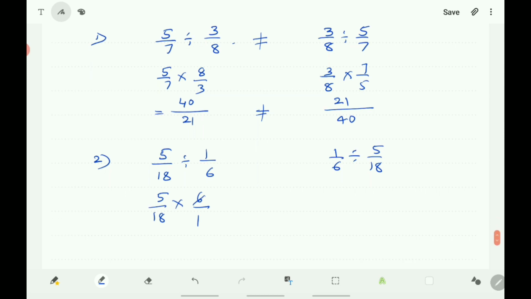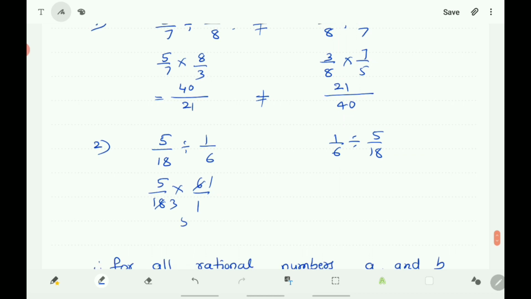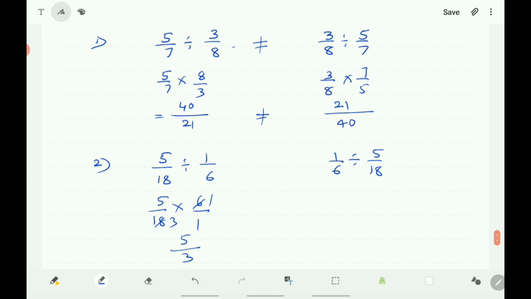You know that 6 1s are 6, 3s are, the product is 5 1s are 5 by 3 1s are 3. And on this side, you divide 1 by 6 by 5 by 18. So it becomes 1 by 6 into 18 by 5, and the reciprocal of 5 by 18 is 18 by 5. 6 1s are 6, 3s are, and it becomes 3 by 5.